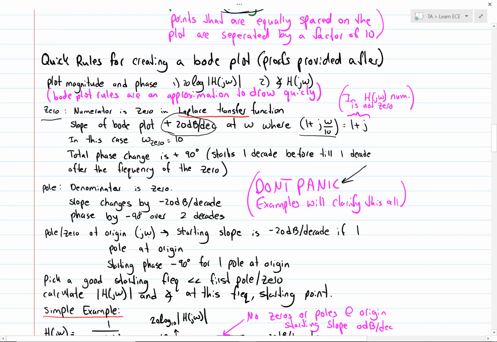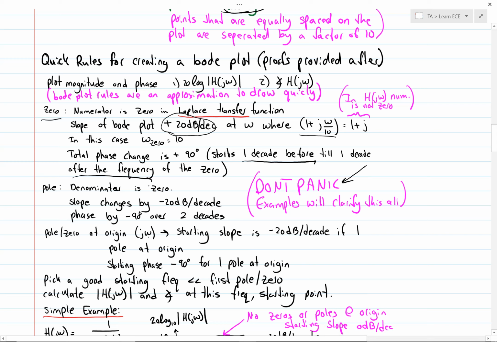Now for a 0, the total phase change is plus 90 degrees, which means that basically the entire effect of the 0 will be that it will change the phase of the transfer function by 90 degrees, and the phase change starts 1 decade before the 0 location until 1 decade after the 0 frequency.